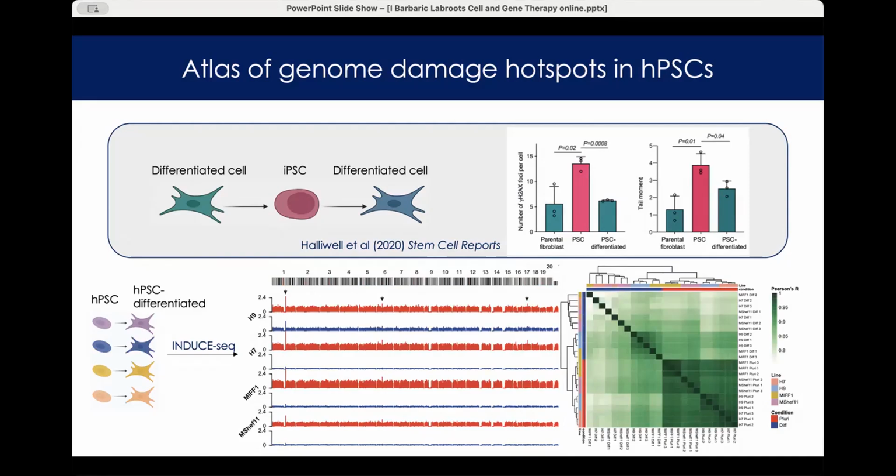And this was important to us because it's telling us that it is cell state rather than the genomic background that determines the amount and the location of genomic double-strand breaks in the genomes of these cells.